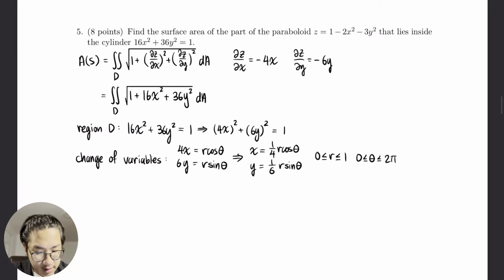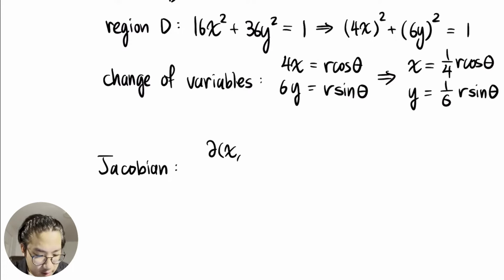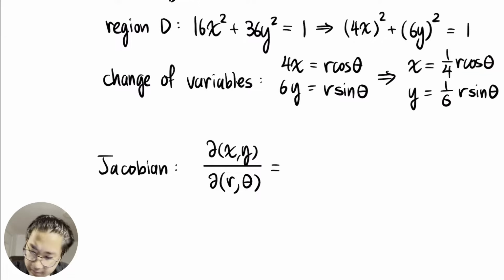So next we want to compute the Jacobian. As a reminder, it looks something like this: the partial of (x, y) divided by the partial of (r, theta).